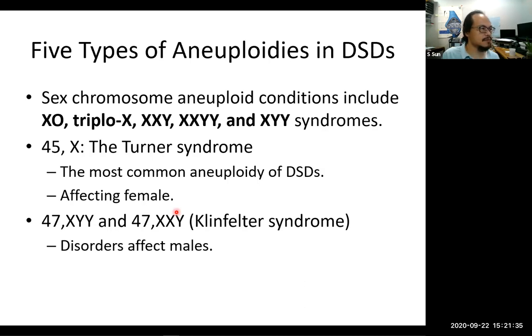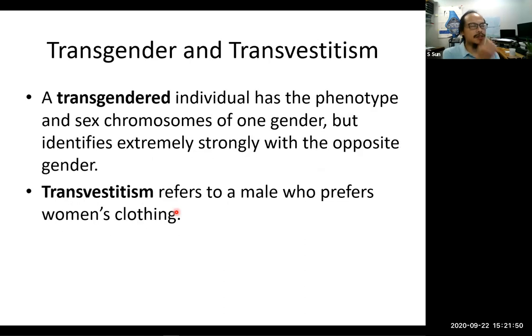So there are several types of aneuploidies that lead to sex development disorders. In addition to that, the body may also develop into some other sex orientation conditions.